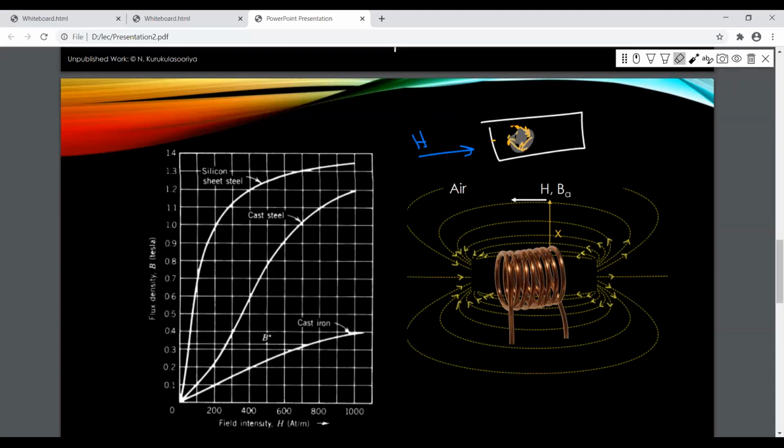And they are going to rearrange within the material itself.